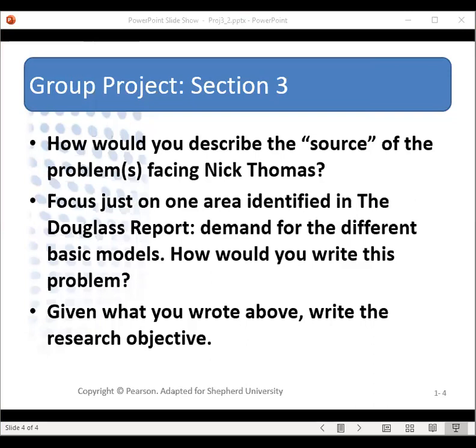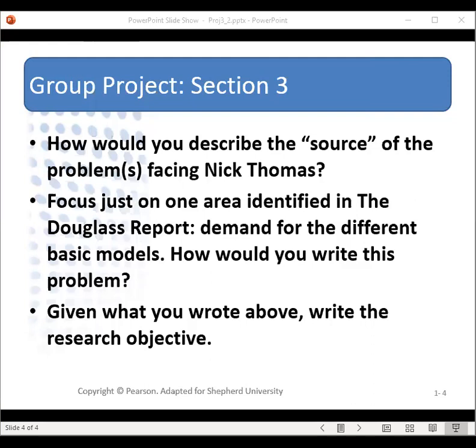So next, we want to focus on one area identified in the Douglas Report, demand for different basic models. So how are we going to write this problem? Well, I would write it like this, because this is going to get down to the heart of a cost-benefit analysis by management. So here's how I would define the key problem in the Douglas Report, and I'll put it in one sentence: How many of the various hybrid vehicles under consideration for development will be purchased?